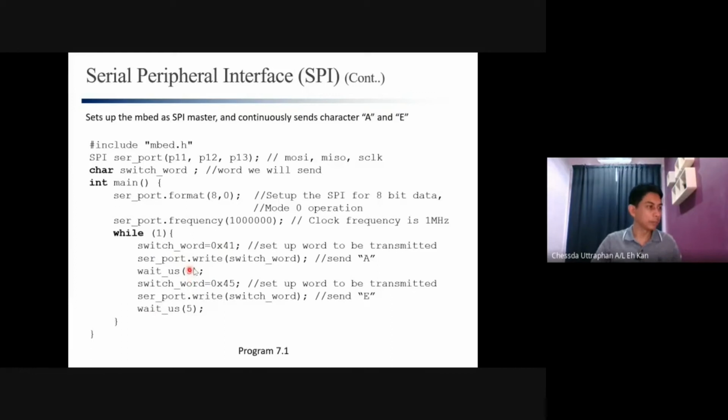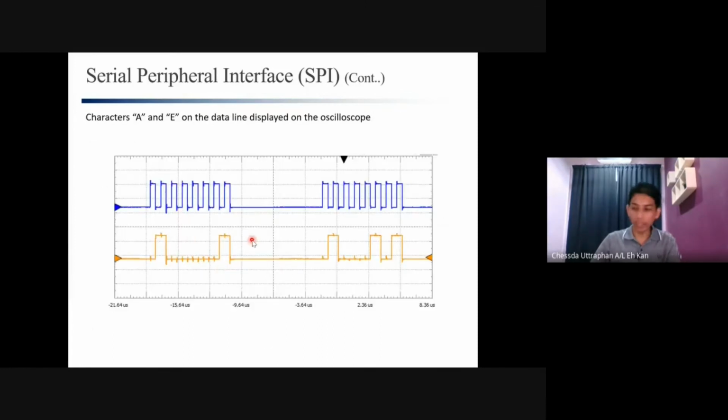All right. So when you run this program, and when you tap the data out line, you can see this, and when you tap the clock line, you will see this. All right.